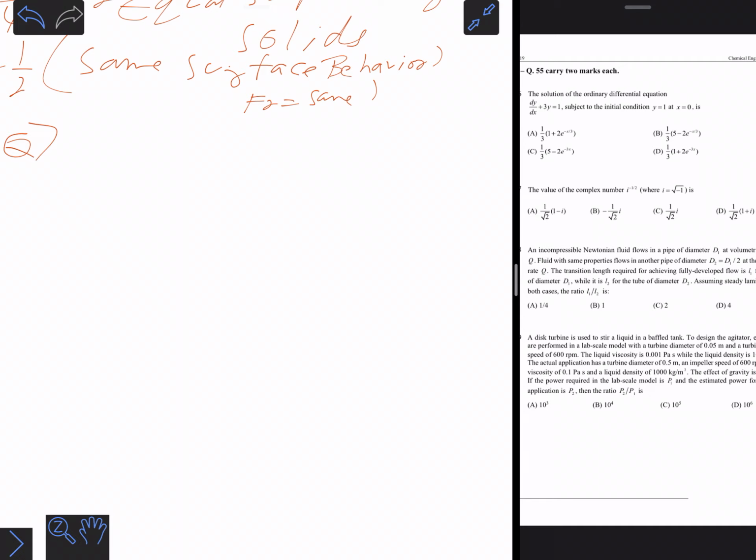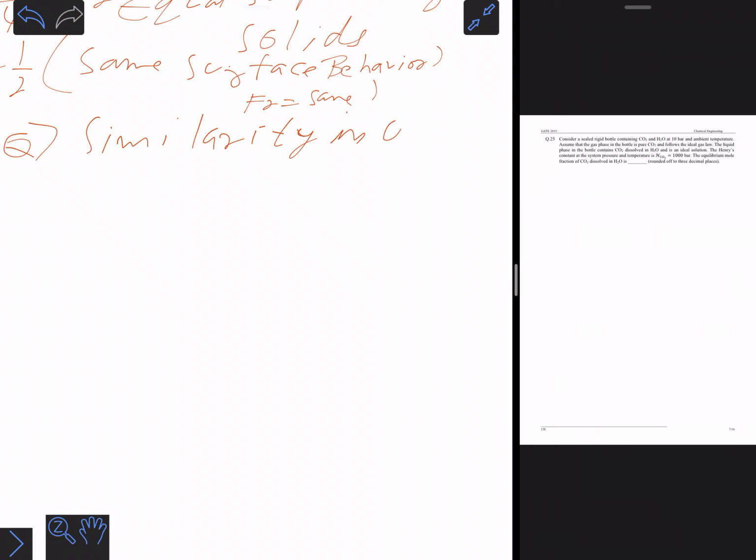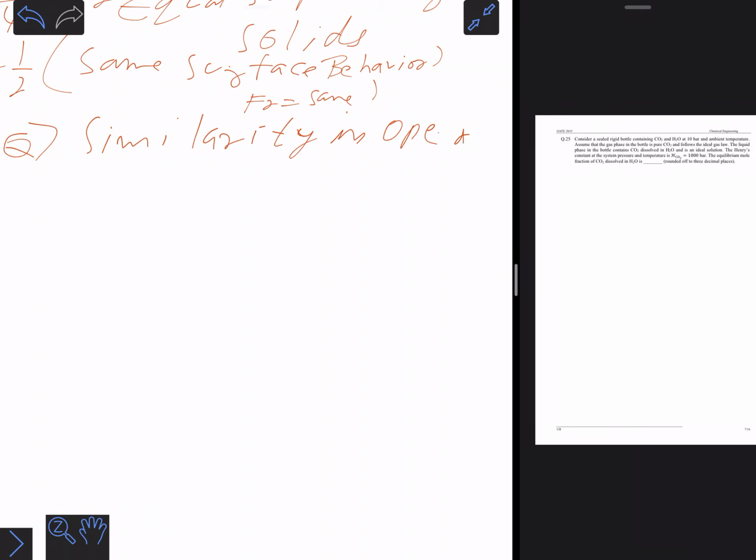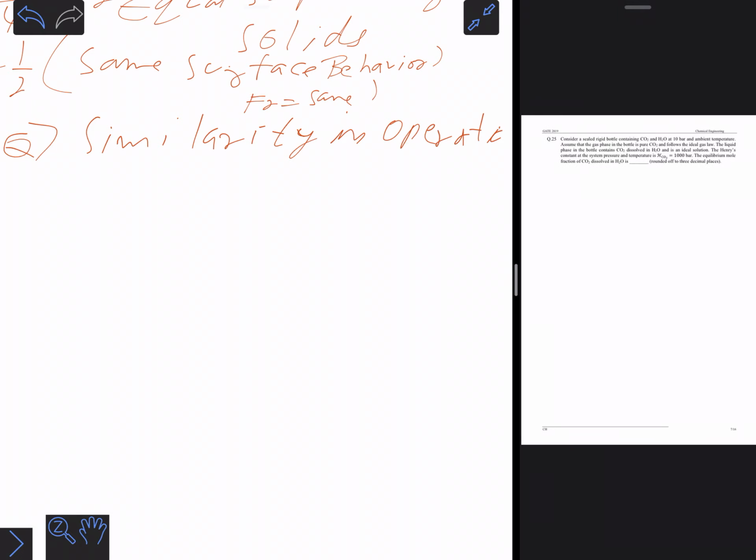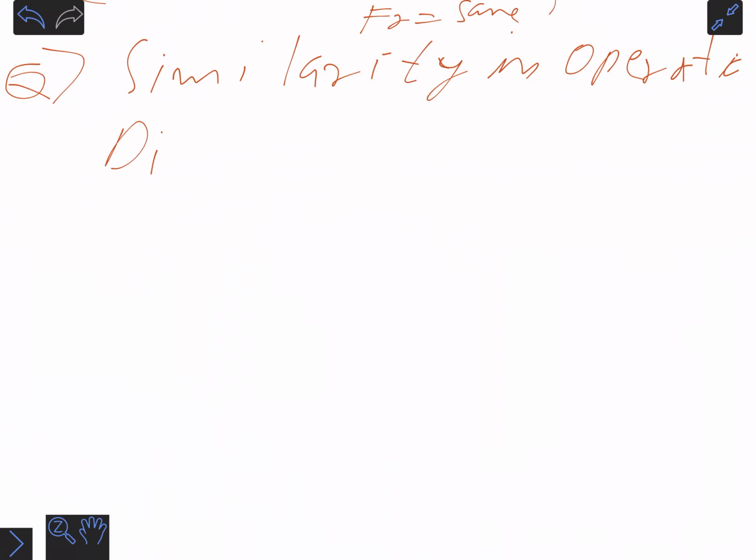From design aspects, for similarity in operation, the dimensionless number should be the same for both the cases.